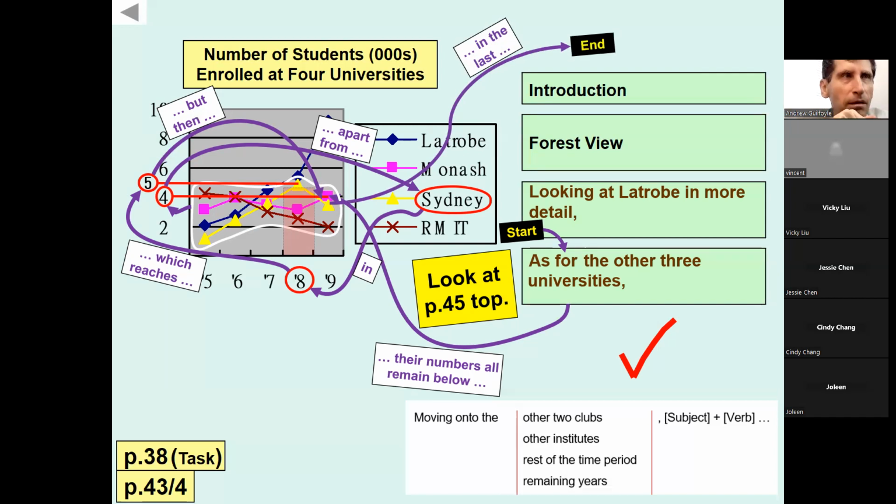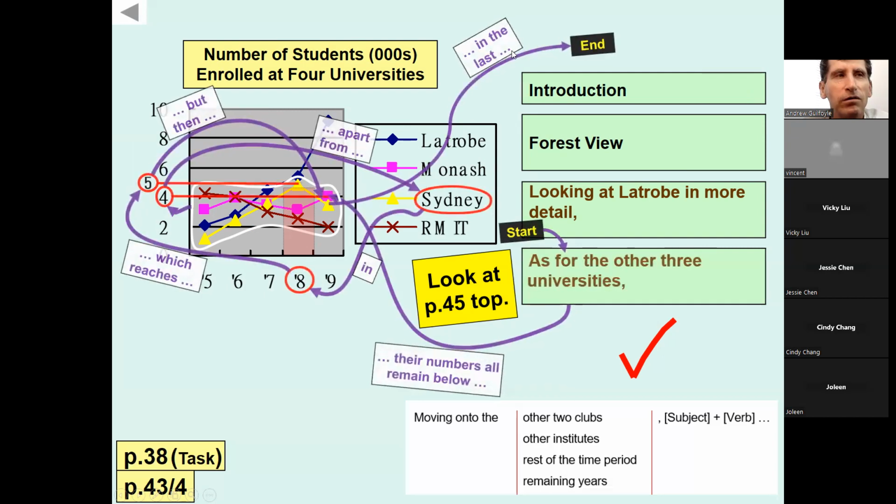It went down. In the last year falls. So let me say that again. As for the other 3 universities, their numbers all remain below 4,000, apart from Sydney in 2008, which reaches 5,000, but then falls in the last year.